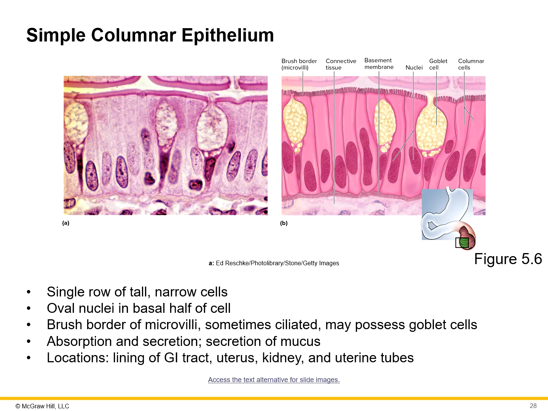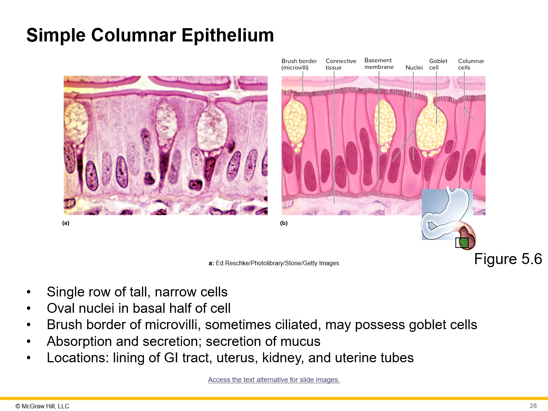So if you have a single row of these tall, narrow cells, we're looking at simple columnar epithelium. And some of it will have that cilia microvilli border.